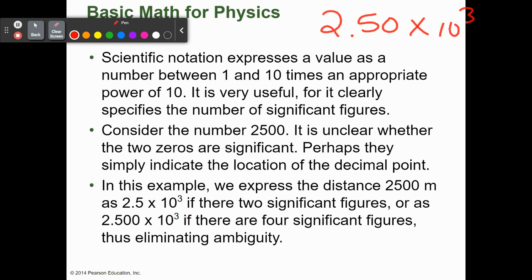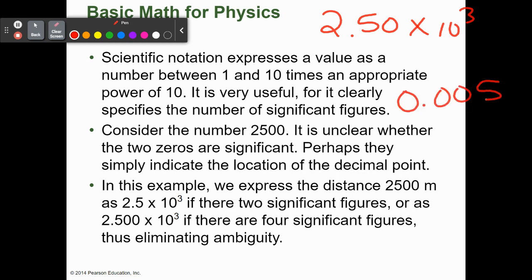I'm sure in my measurement that the 2 is right, the 5 is right, and the 0 is the one I'm uncertain about. So all of those are significant. Yes, ma'am. So what if it's like 0.005? Okay. That one isn't going to be scientific notation, but if you're just looking at the number, 0.005, is that what you're saying?